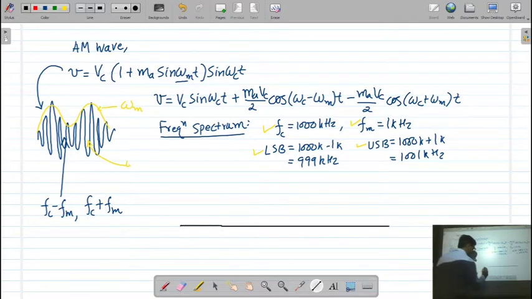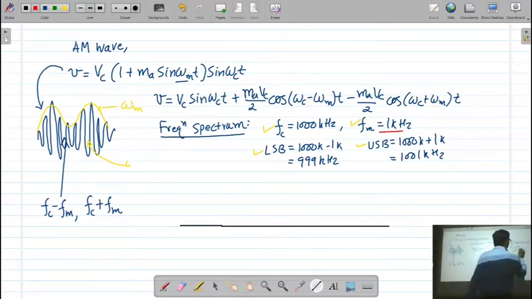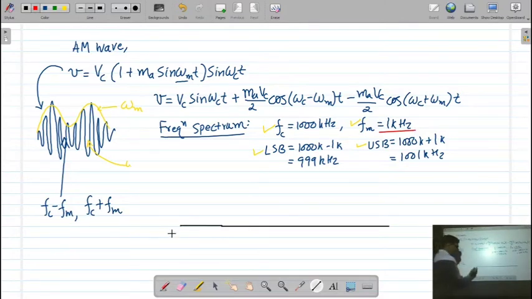We can expand this, and the amplitude of every frequency you have to represent vertically. So first of all, we represent my lowest frequency, that is 1 kilohertz. Now remember, on the left hand side the lower frequency will be there, and then the frequencies go on increasing to the right hand side.